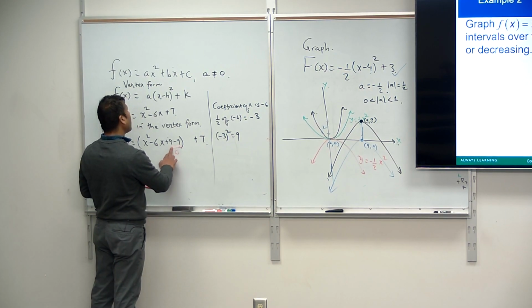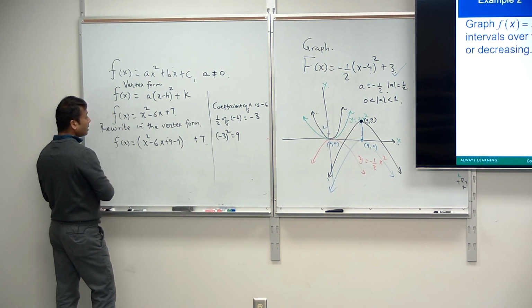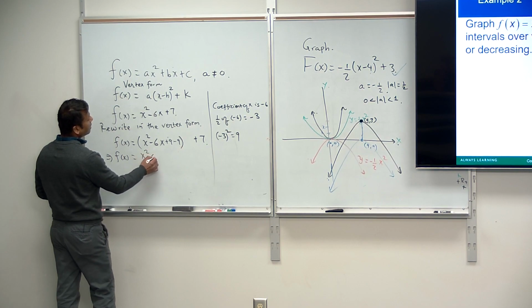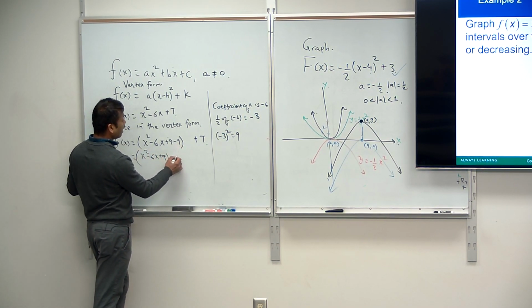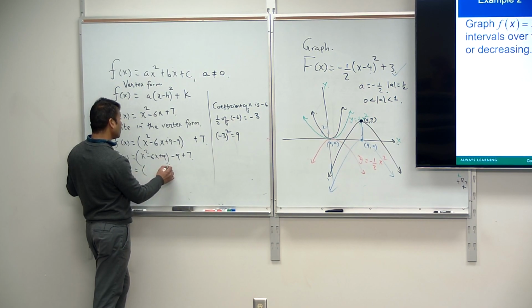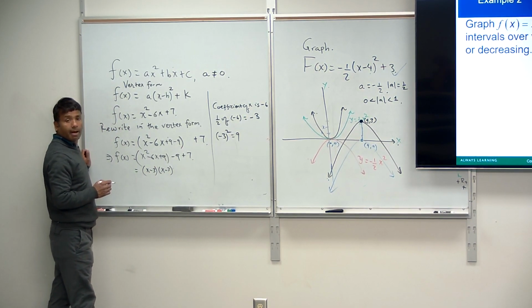So now, after doing that, you can simply write this as x squared minus 6x plus 9. You group them, and this is negative 9 plus 7. Can you factor this? x squared minus 6x plus 9 is the same as (x minus 3) times (x minus 3), right?